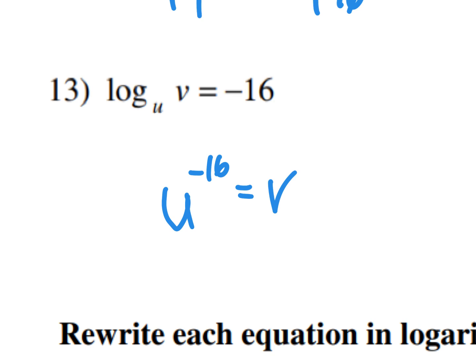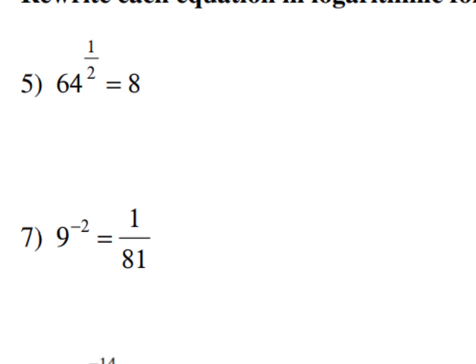All right. Now, here's the kind where they start out without logs. You need to write this as a log. Everybody try number 5. What would the log statement be for that? I hope you said log, and then you tried to think of what base should I have.